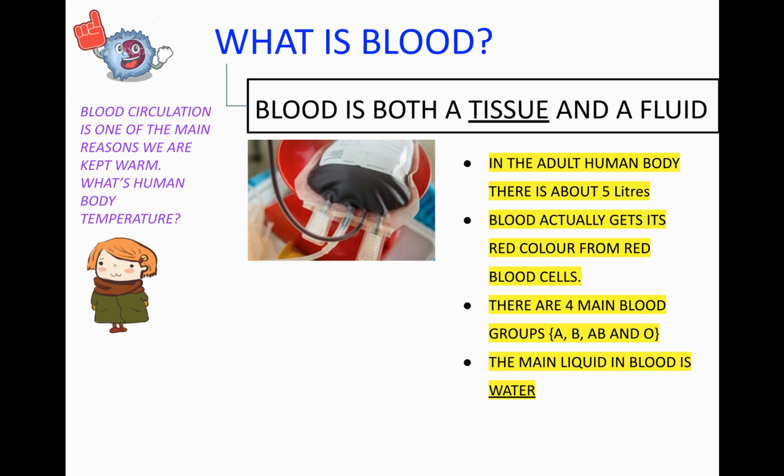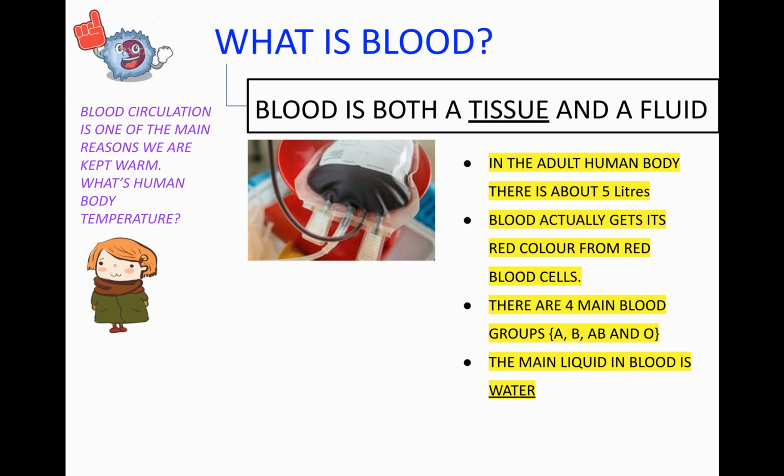For example, I know that I'm type B blood. It's very important to know, especially as you get older, what blood type you have, because it might mean you have certain allergies that you might not be aware of, and it's a useful bit of information that you can share with different medical professionals.